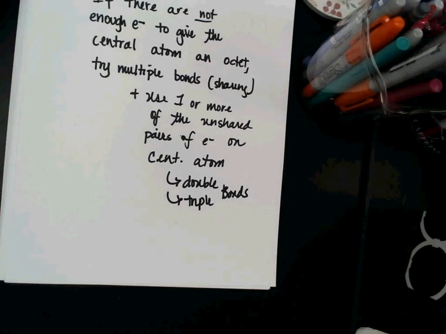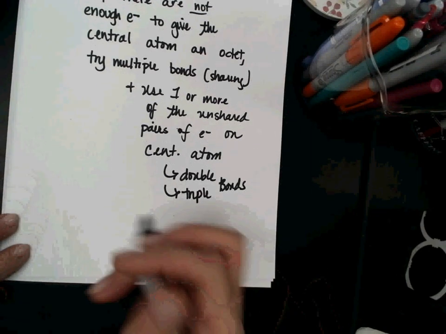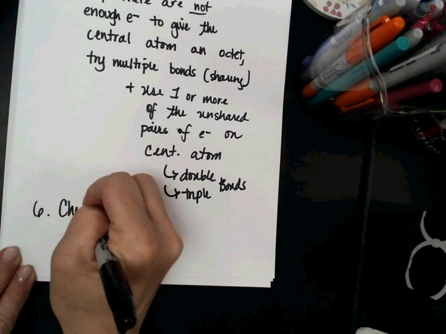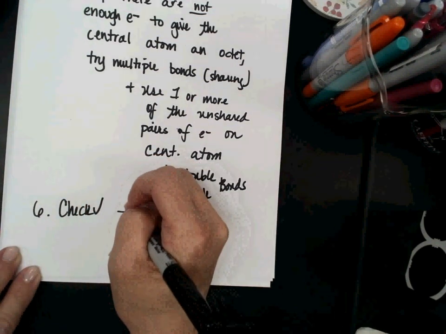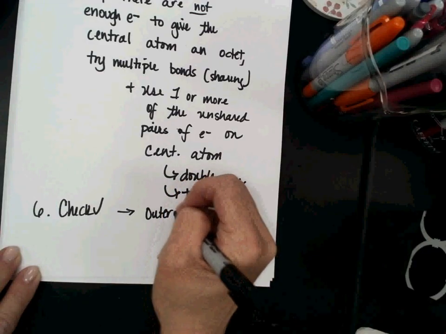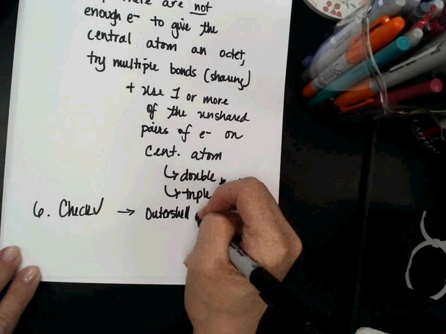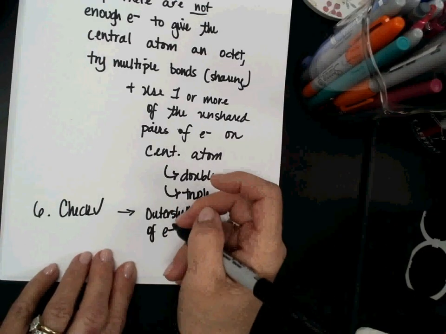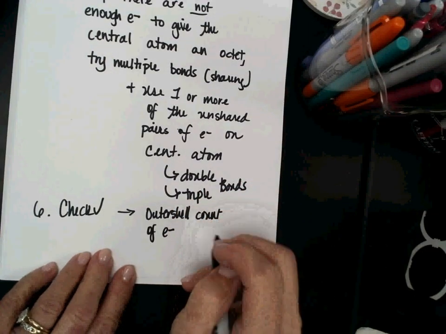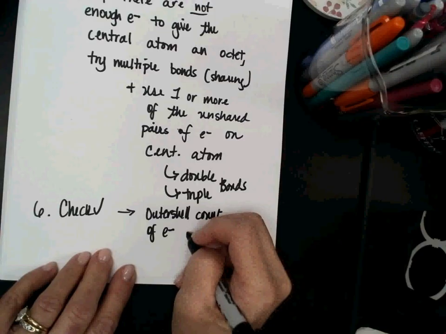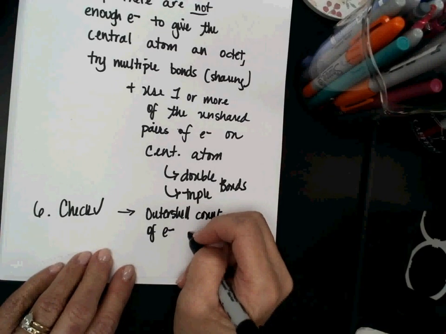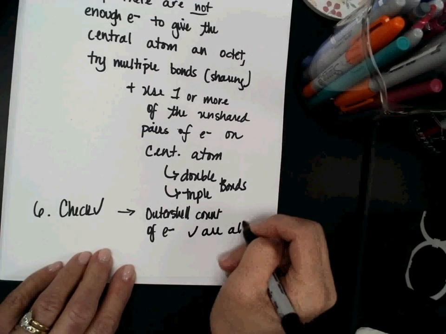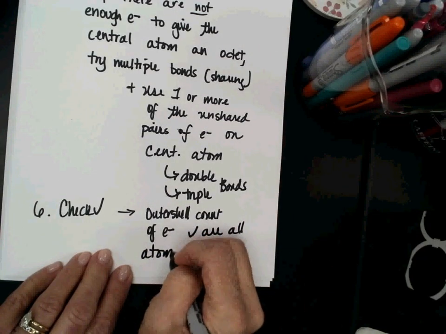So once I've done that and I feel like everybody's octet is satisfied, I'm going to do a check. Take an outer shell count of electrons and make sure it equals what it's supposed to, and then check, are all atoms satisfied?